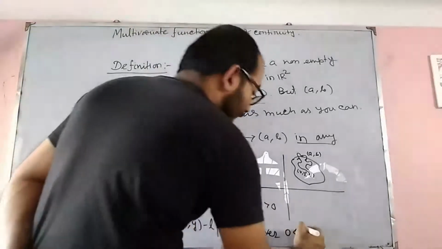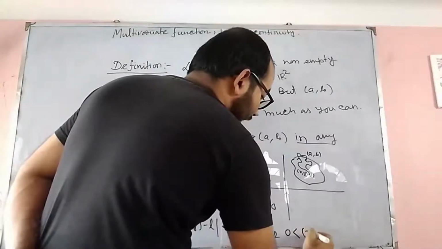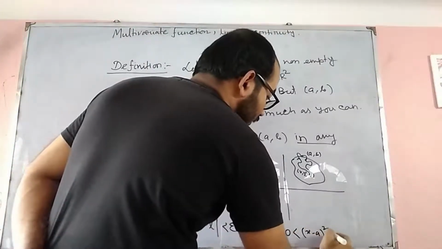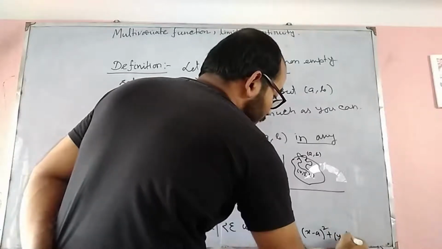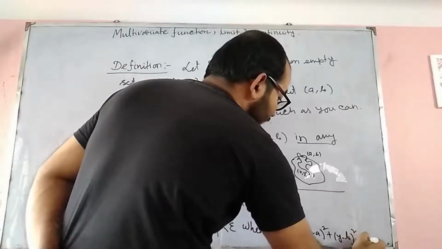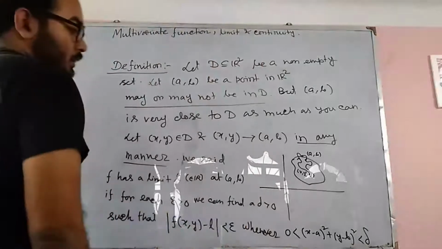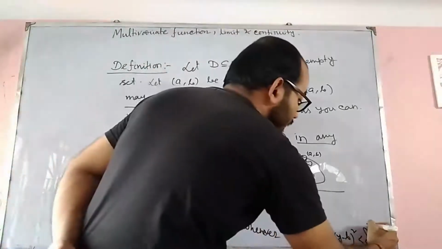whenever (x minus a) whole square plus (y minus b) whole square is less than delta square.